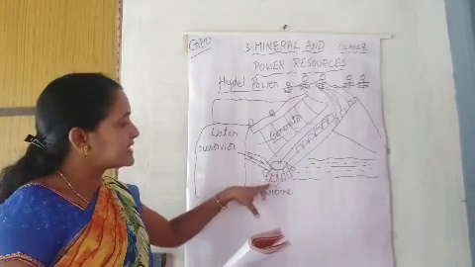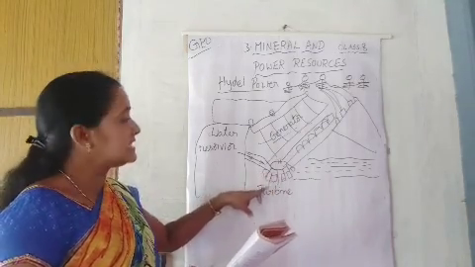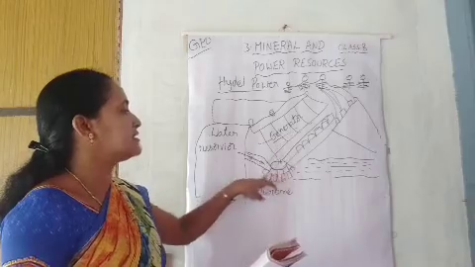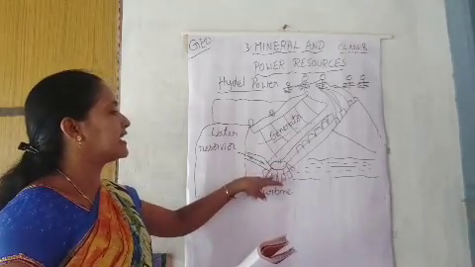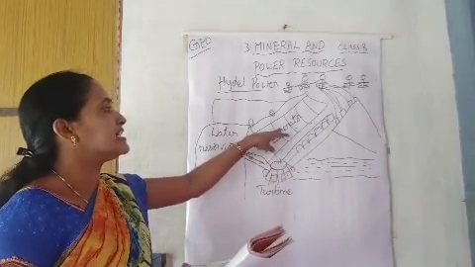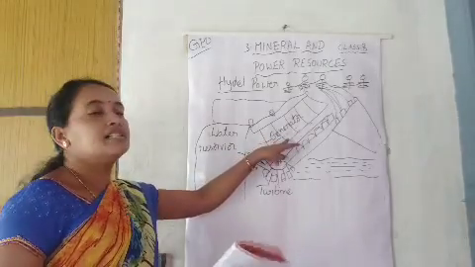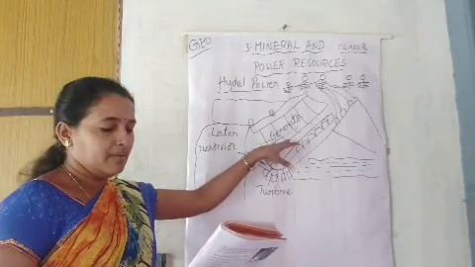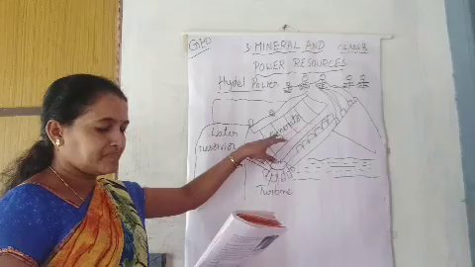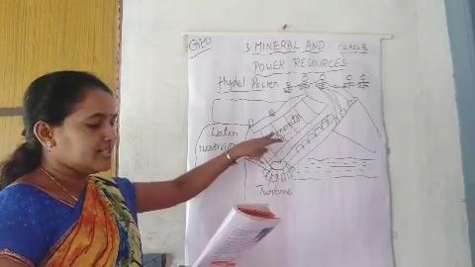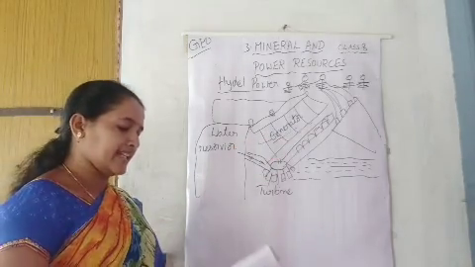The moving blades then turn the generator to produce electricity.